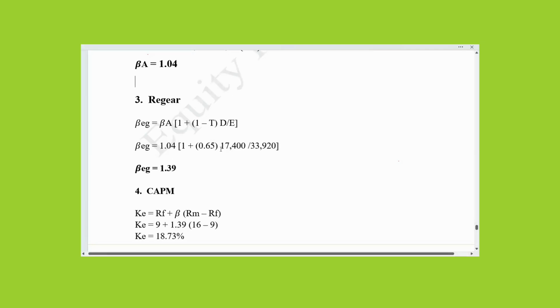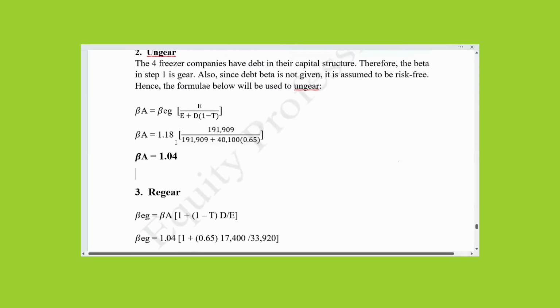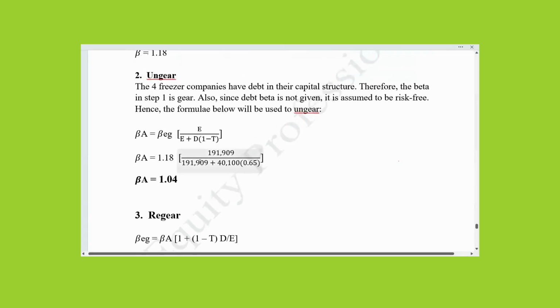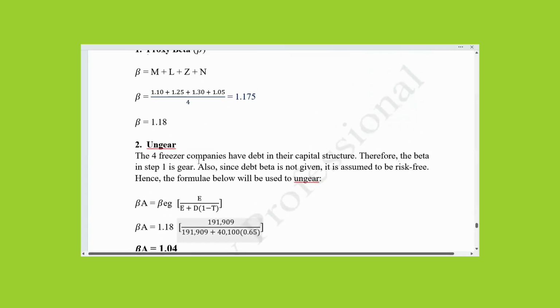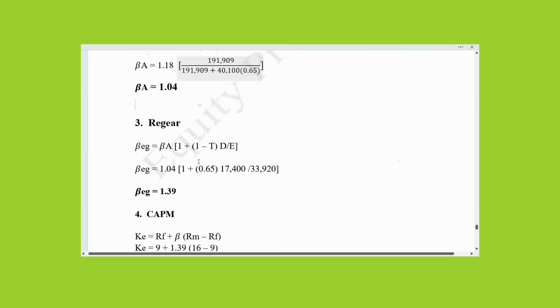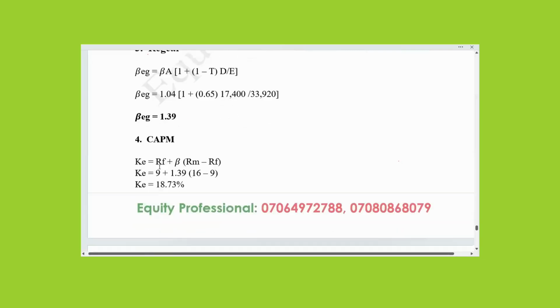So you are going to ignore step 2. You just use the beta you already identified in step 1 directly. So in this case, our own beta will be 1.18. If the proxy company is an ungeared company, you just use 1.18 to re-gear, instead of using 1.04. All right. Okay, sir.